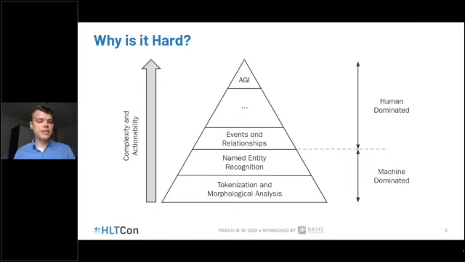However, things like event extraction and relationship extraction are still on this other side of the line where we really require more of a human analyst touch to figure out how these are present in text. And so what we are trying to do is try to push this line up a little bit and improve the capacity of our algorithms to extract these events.